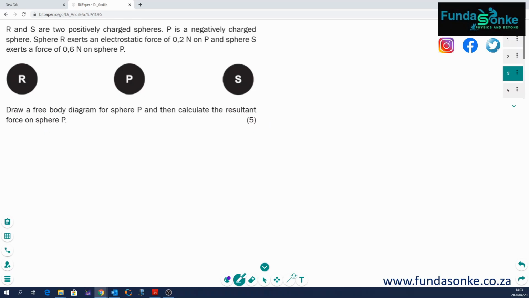R and S are two positively charged spheres. P is a negatively charged sphere.